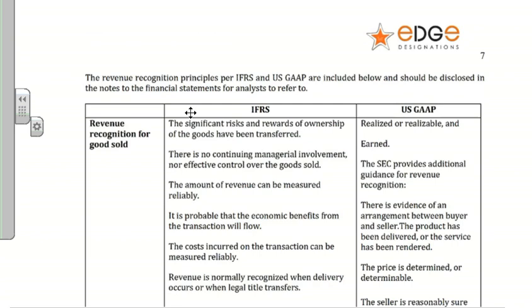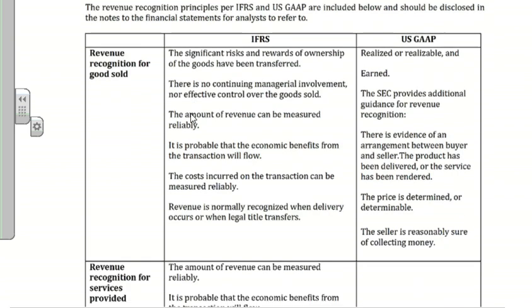And here are some of my revenue recognition principles. Revenue recognition for goods sold under IFRS and under US GAAP. IFRS says that the significant risks and rewards of ownership have been transferred, with no continuing managerial involvement. In other words, the new owner has taken control. The amount of revenue can be measured reliably.